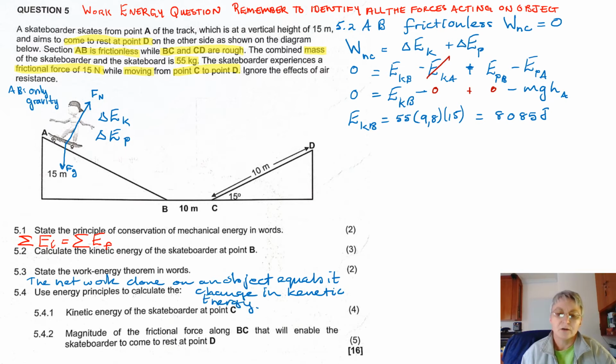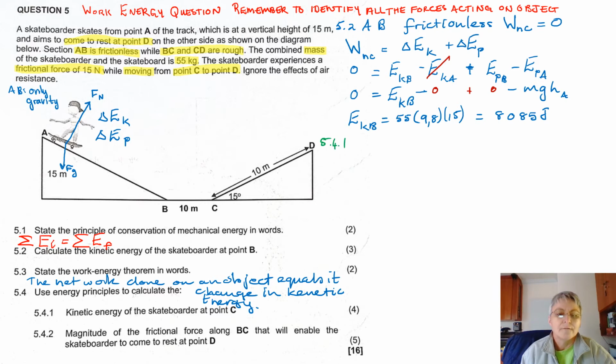Now, usually when they ask you to state the work energy theorem, the question that follows requires you to use it. It's the same as with state the principle of conservation of momentum or mechanical energy. They expect you to use it after they've asked it.